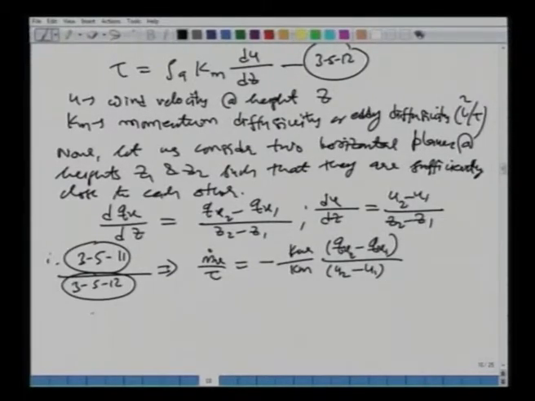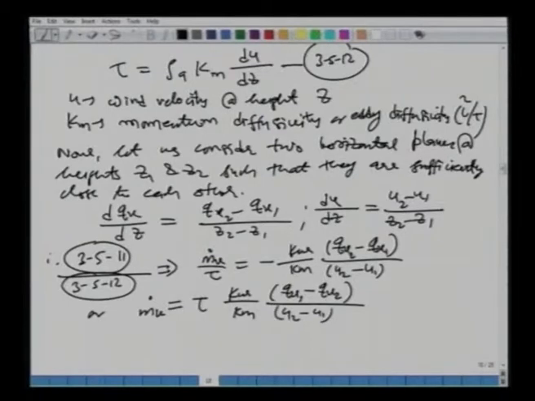Or you can simplify this and find the expression for mv dot, which is where the evaporation is hidden, equal to tau times Kw over Km. You take care of the minus sign, and then you will have (qv1 minus qv2) divided by (u2 minus u1). Slight rearrangement of the above equation.